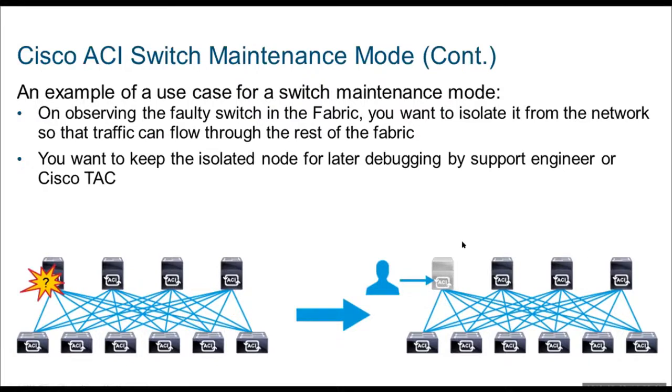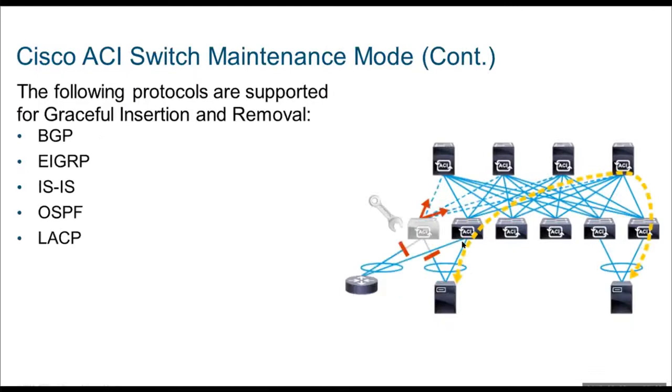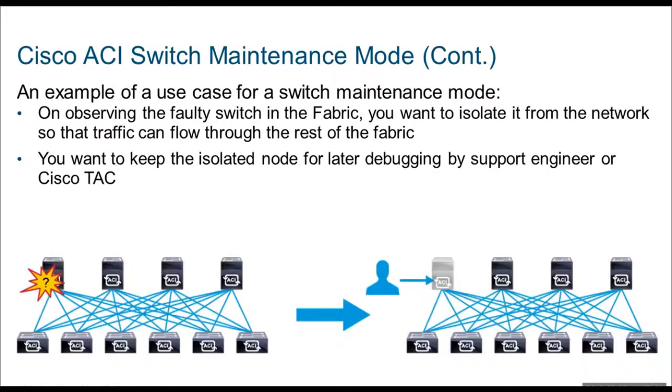So when you go ahead and do the maintenance mode here, all the external protocols, whichever ones you have, except the internal ISIS protocol, are put into GIR mode, basically put into graceful mode.